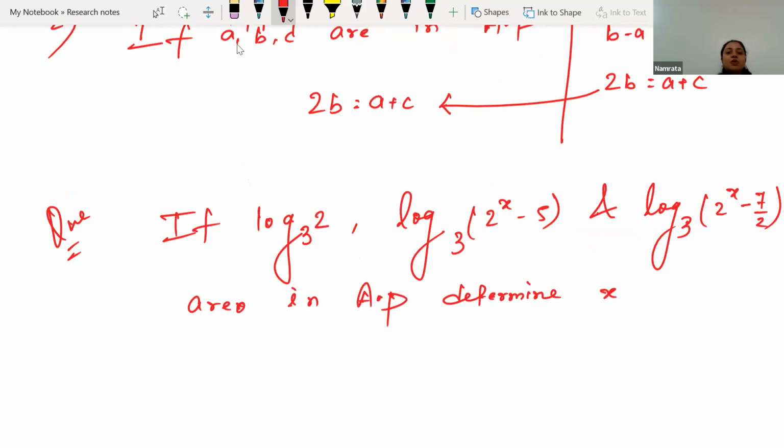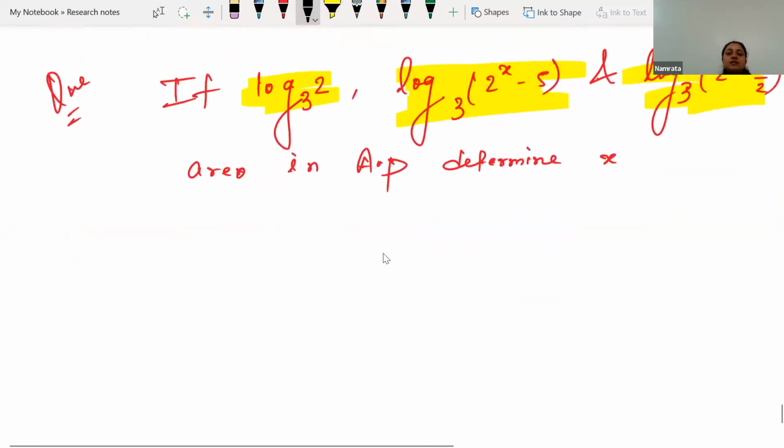x. So now can you see this property: A, B, C are in AP, then we can write it like this. Right, Lena? Yes, ma'am. So here also A, B, C are in AP, so we can write 2B is equal to A plus C. Yes or no? Let's write it.